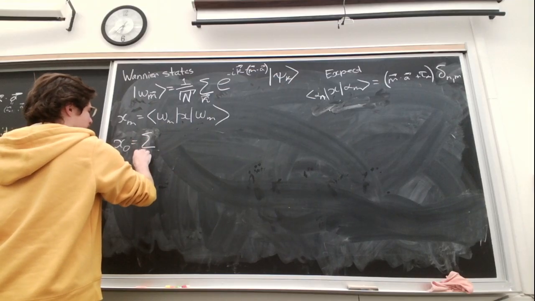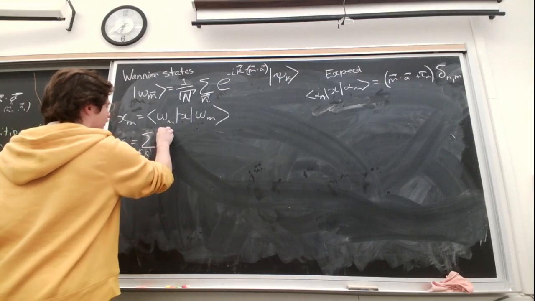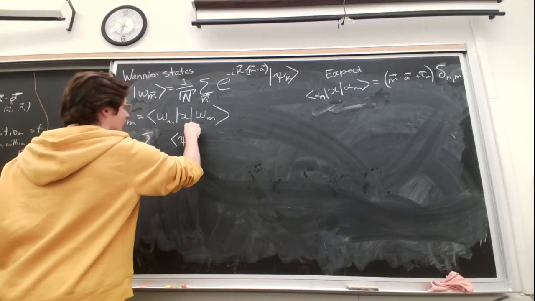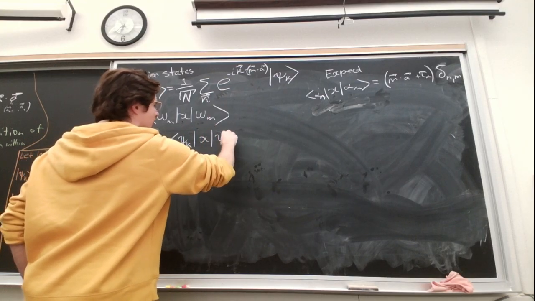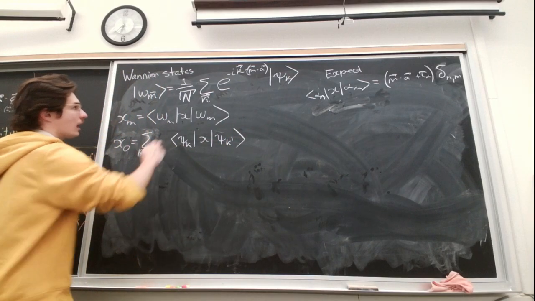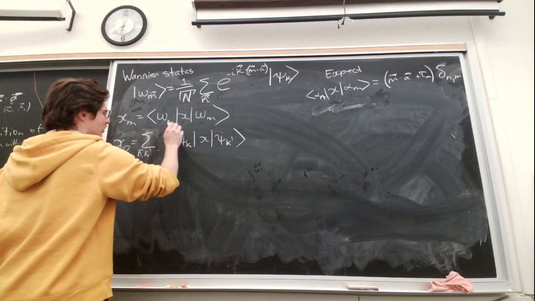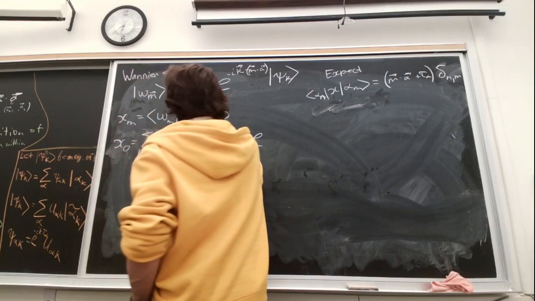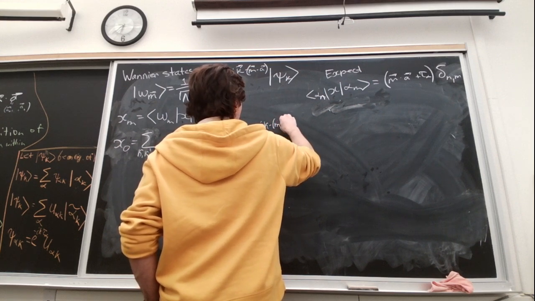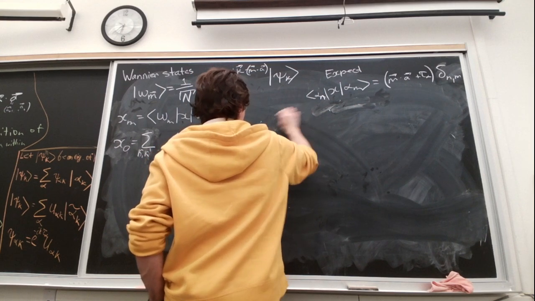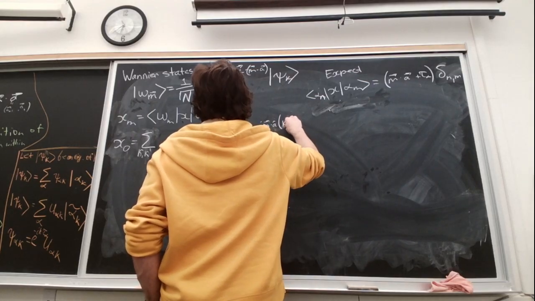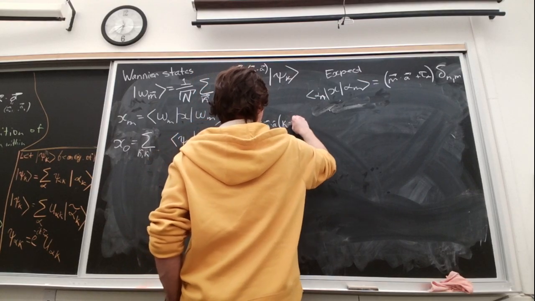I have a sum over k and k prime, psi of k, inner product x, inner product psi of k prime, and I can factor out this thing, which is just going to be e to the plus i k dot m dot a, times this one, which is minus k prime.